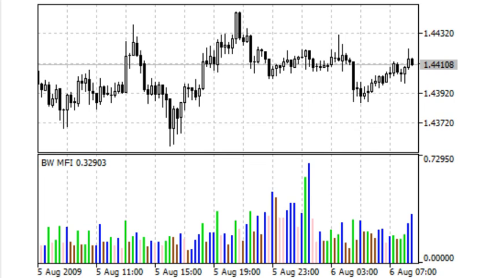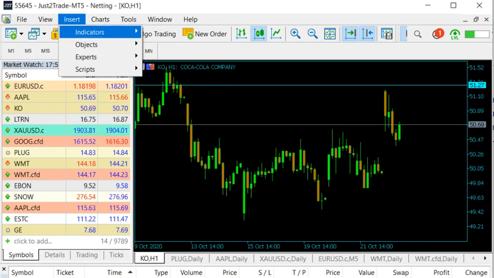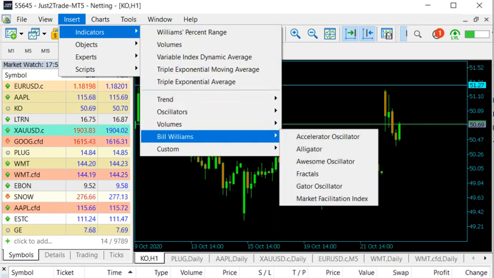One of the good things about the Bill Williams indicators is that they're available as standard with many types of charting software, including the MetaTrader 4 and MetaTrader 5 trading platforms. So let's take a look at how to add indicators to the chart. For that, we need to choose Insert, as usual for indicators, then Indicators, Oscillators, and choose Bill Williams.